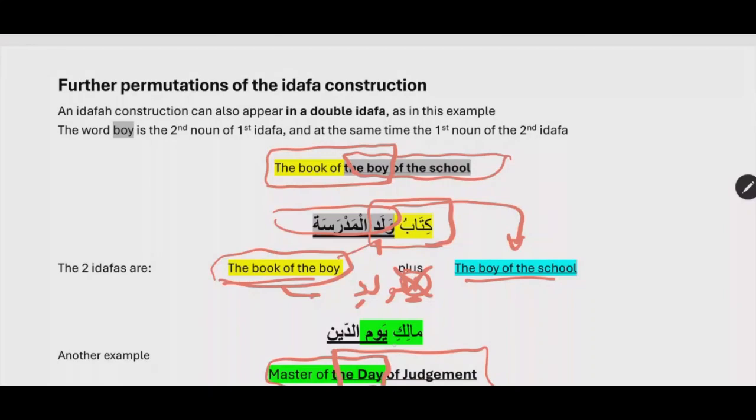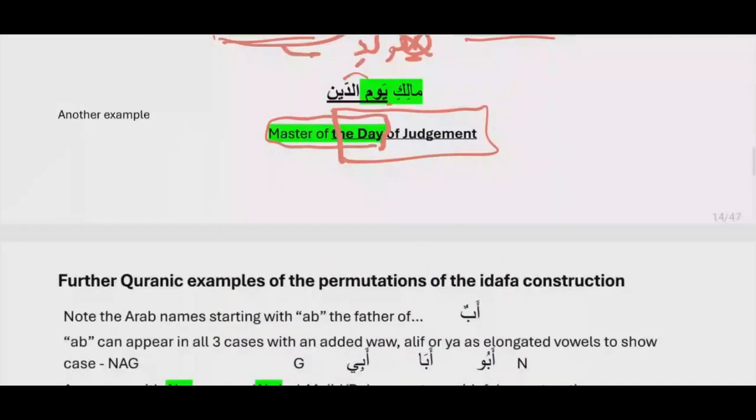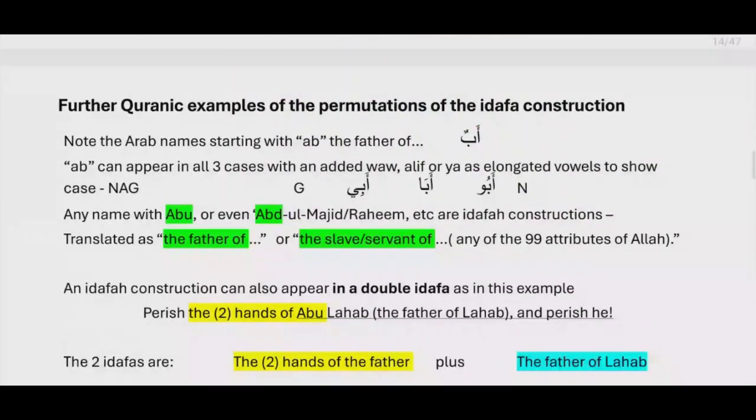You notice you should have said Maliki al-Yawmi for the first idafa, but because Yawm is also part of the second idafa, you take the al out, so that's Maliki, then Yawmi, and then Ad-Din is the last word in this construction. So this is an example of the double idafa. Further Quranic examples of the idafa construction include words like abun.